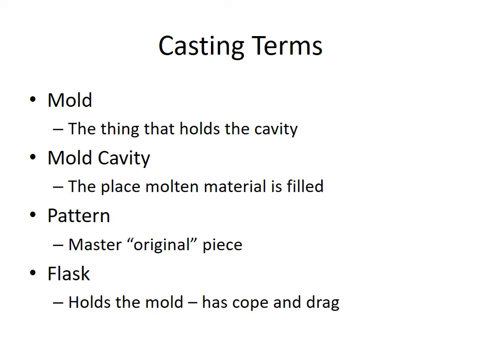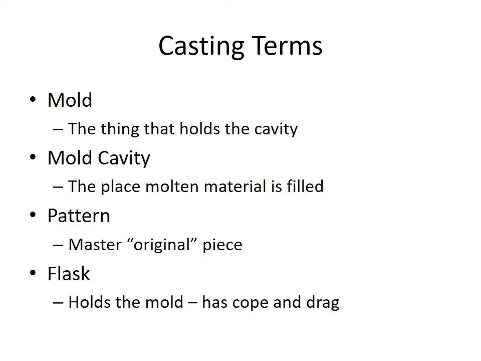Let's get to some of the terms. The mold is the thing that holds the cavity. And the cavity is that empty space that you're going to pour the material in. The pattern is that original piece. And the flask is the thing that holds the mold.